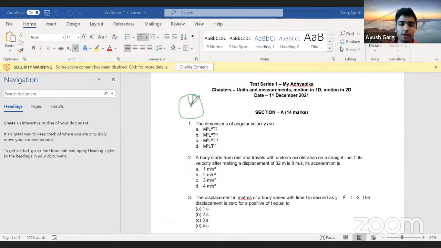When it's at this particular point, the angle subtended is this, and so on. So the rate at which the angle subtended is changing, that is nothing but your angular velocity. Just like your velocity is distance covered upon time, your angular velocity is angle covered upon time. So now that you know it's angle covered upon time, what do you think its dimensions are?